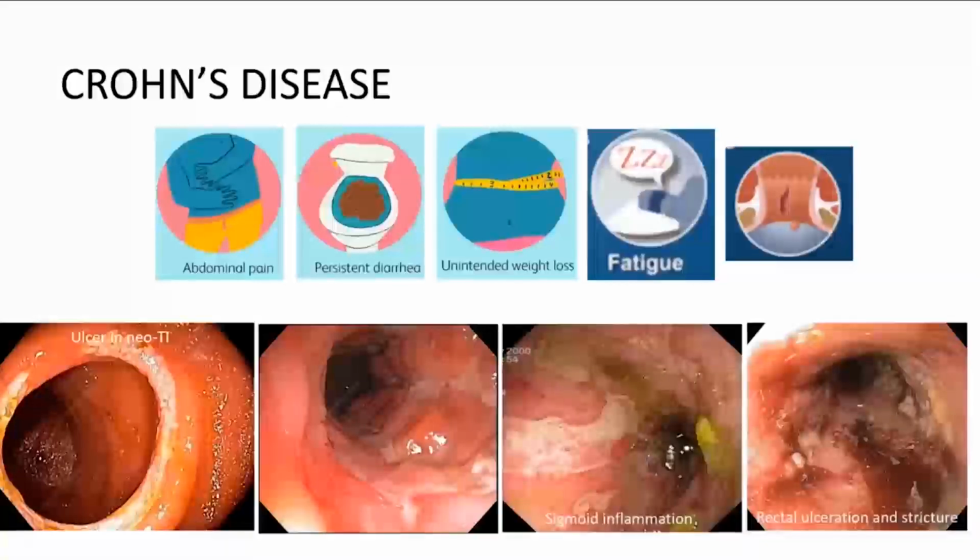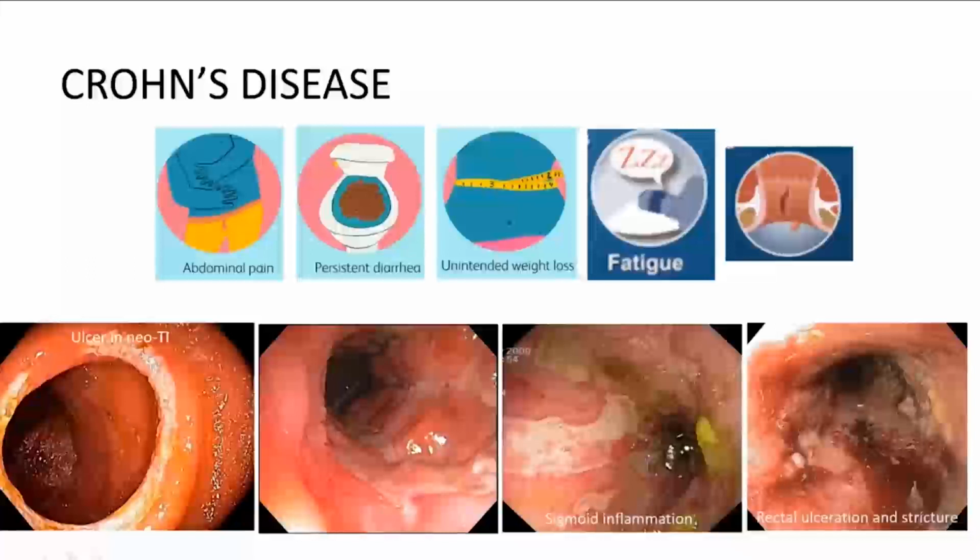But it's important to know all of this and to ask, because these are red flags that in any patient will make you want to think about performing an endoscopic evaluation. So the most common symptoms in Crohn's disease are abdominal pain, persistent diarrhea, weight loss, fatigue, and also some patients present with perianal disease.